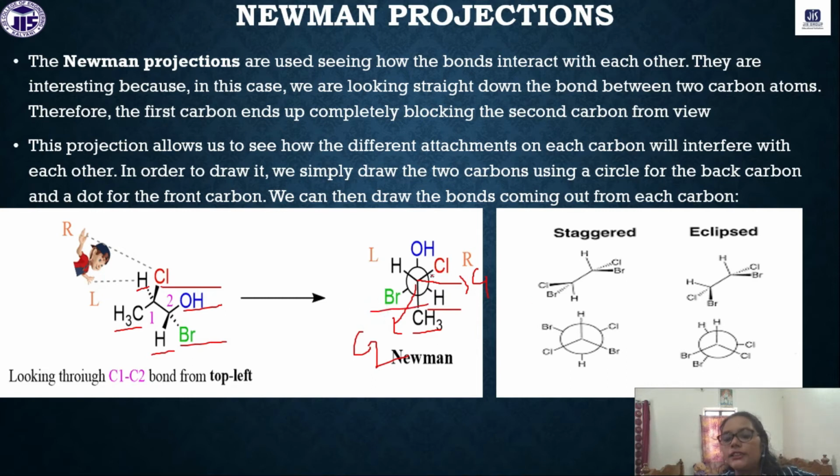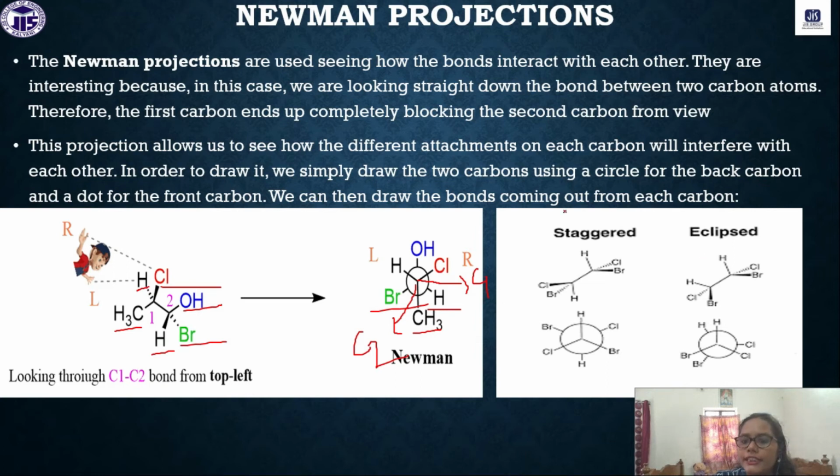So thus you can convert the flying wedge representation of the molecule into a Newman projection. The basic fundamental is that the carbon from the side you are looking at will be the pointed carbon and the next carbon will be the big circle, right.